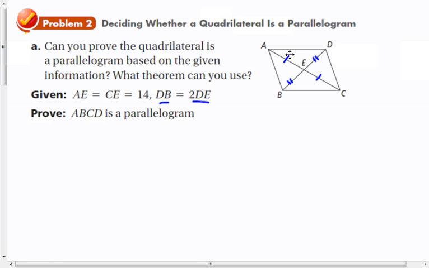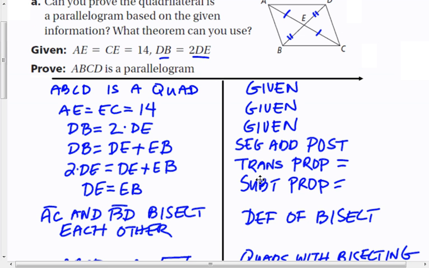I'm going to fill in the missing reasons for that. All right, so here's my proof. My givens up to here. And then to show that BE is congruent to ED, I'm just using the segment addition postulate here to show that DB is equal to DE plus EB, and 2 times DE is also equal to DE plus EB, and that's the transitive property of equality.